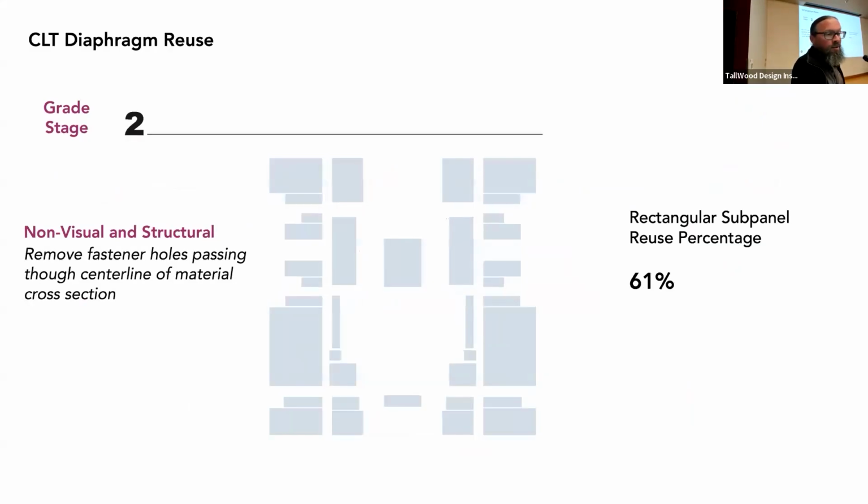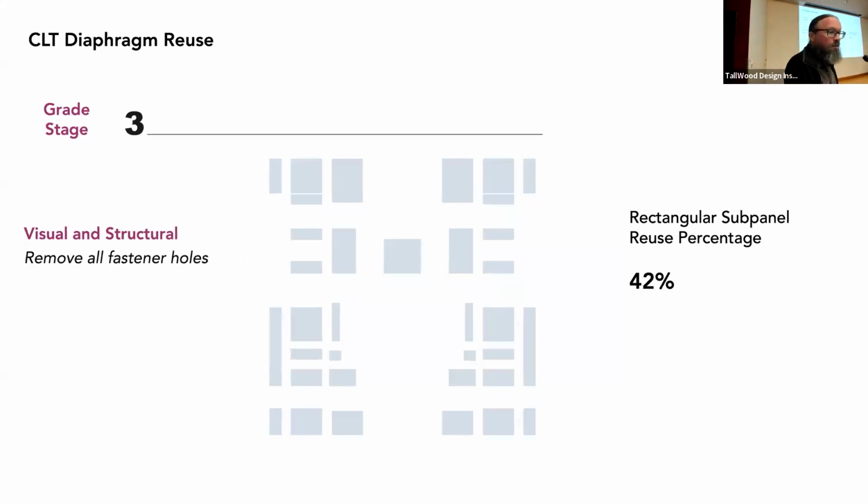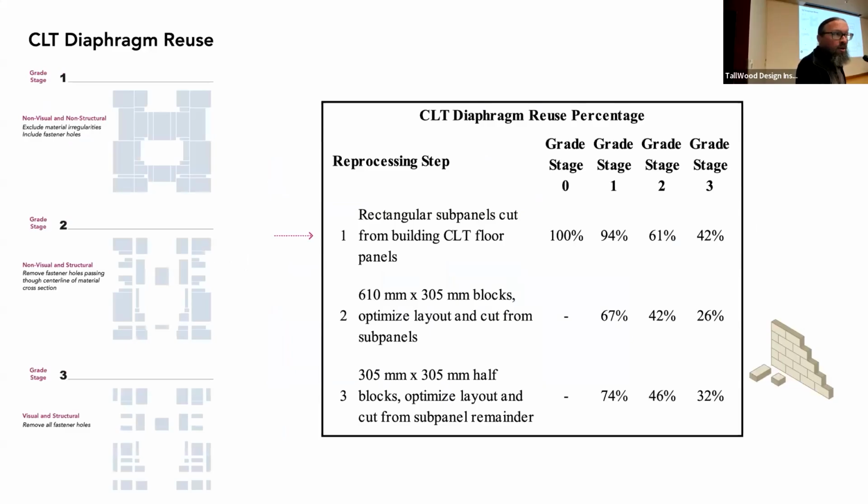Removing just those fastener zones that extend beyond the center line of the panel, 61% remaining. And the most restrictive category, removing all of those fastener zones, 42% remaining, just to get to those subpanels before applying the output product. So those values are shown in row 1 here in this table.